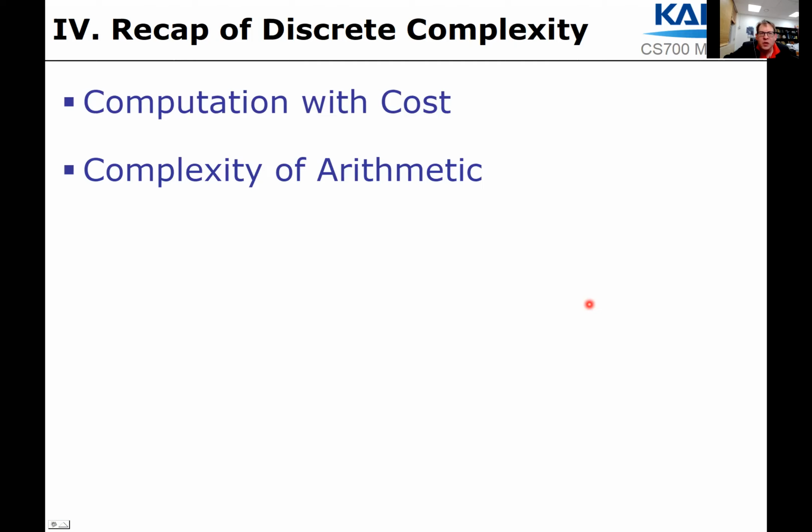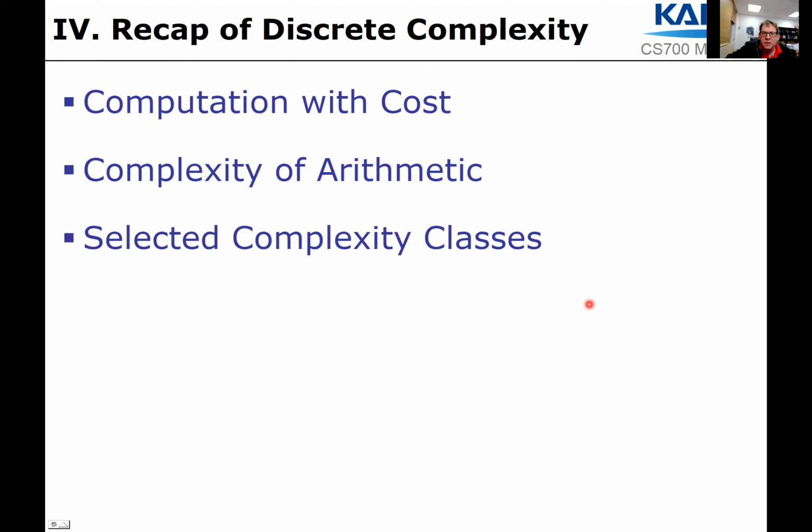Okay, so that's all about our chapter 4 on discrete complexity. First, we talked about classical discrete complexity, computation with cost, computational complexity of arithmetic like addition, multiplication and division.